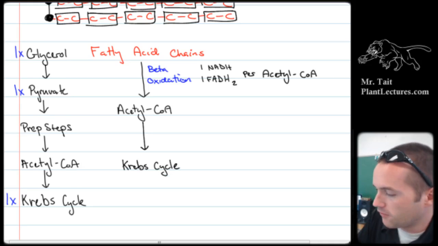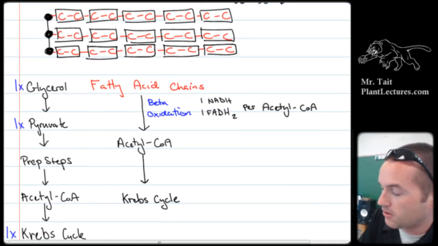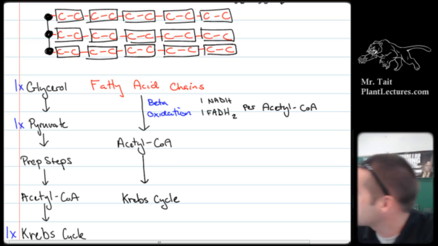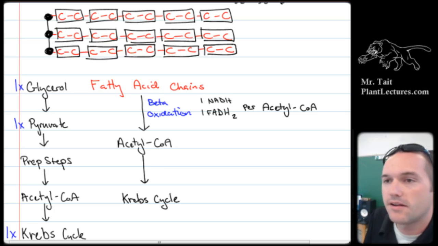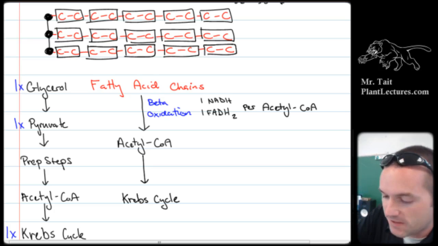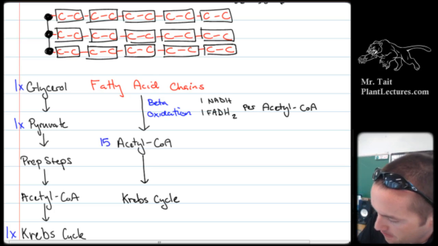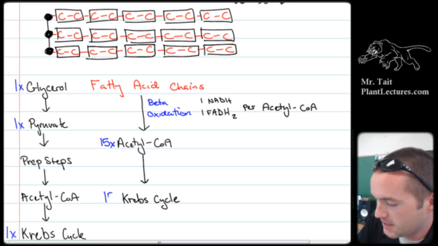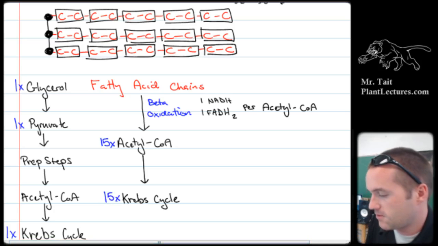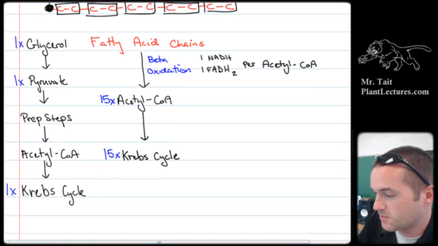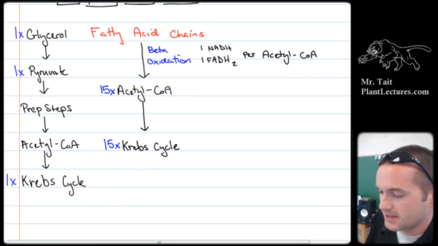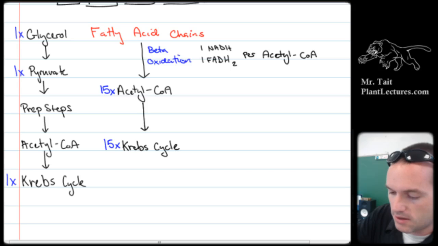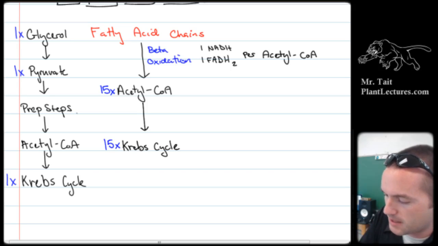All right. So for this fatty acid, or this triglyceride, how many acetyl-CoAs did I produce? 15. So how many times am I going to do the Krebs cycle? 15 times. All right, so let's do the maths on this. Over here, we did the prep steps, right?